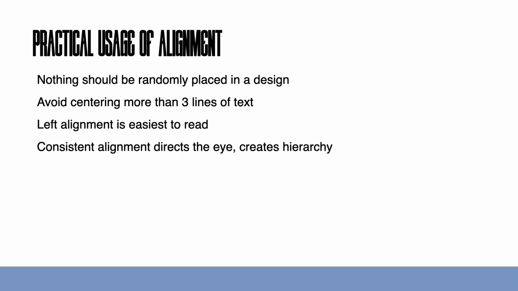Why do different elements always get placed in this certain area? Why do I place this body of text here? Why do I use left alignment? Why do I make sure that this text is bold? Look at this slide here. Why is practical usage of alignment in bold? Why is it bigger than the body? It has a place of importance as far as hierarchy. If I were to number out all of the different elements on this screen as far as why they're important, the title or the headline is going to be number one.